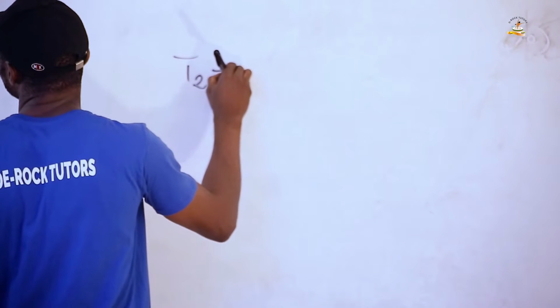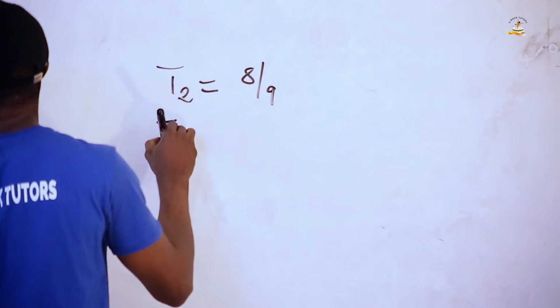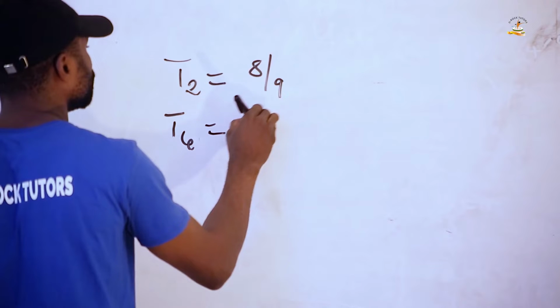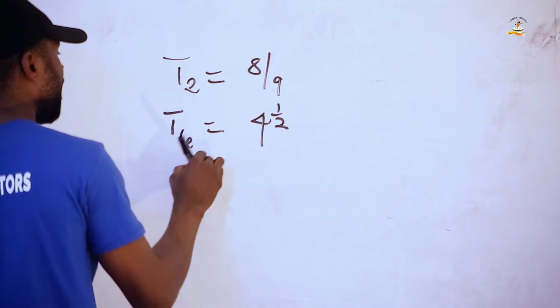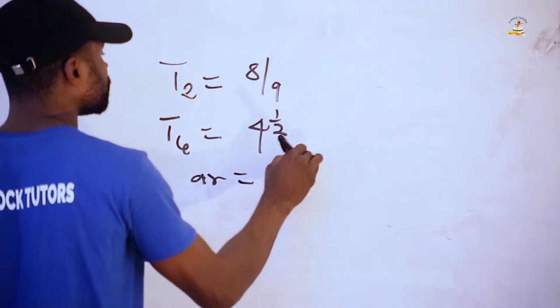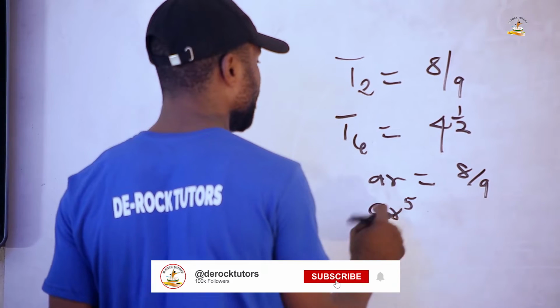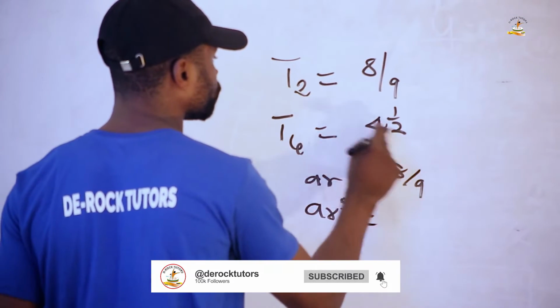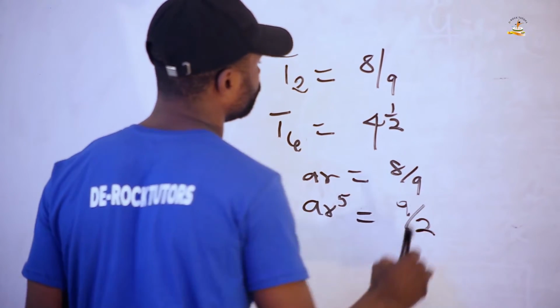T2 is equal to 8 over 9, and T6 is equal to 4 whole number 1 over 2. So this one will give us ar equal to 8 over 9 and a r raised to power 5 is equal to 9 over 2.